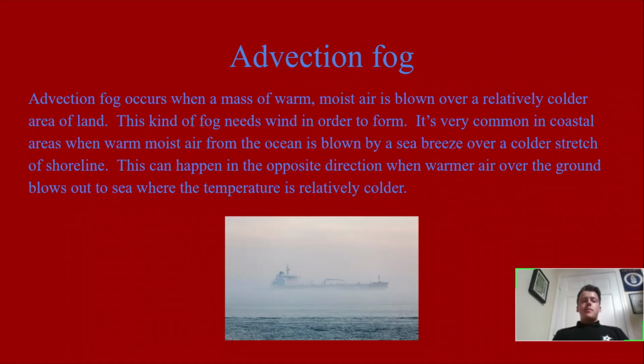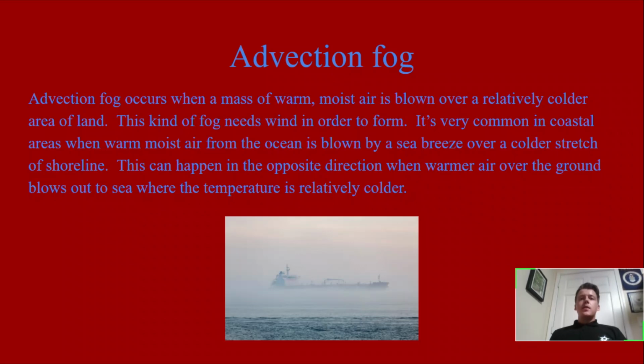Advection fog is basically a mass of warm air being blown over a colder surface. This routinely happens over a shoreline. It can be called land fog or sea fog in the coastal areas.